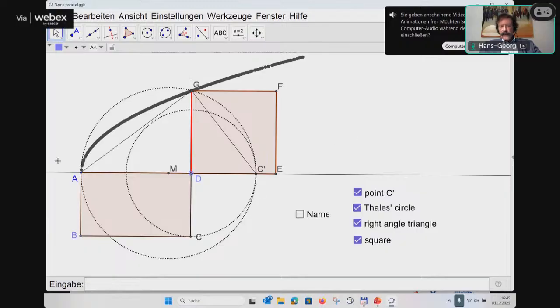So if you have this parabola and the point D, you immediately get the length of the side of the square, which has the same area as this rectangle.